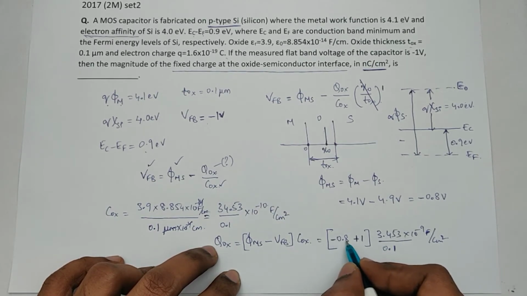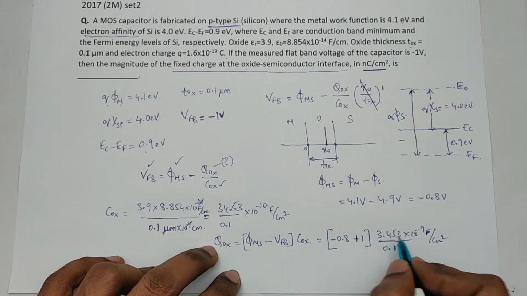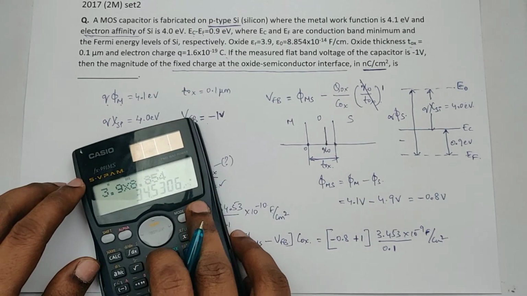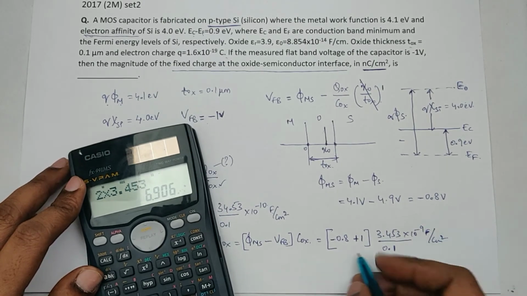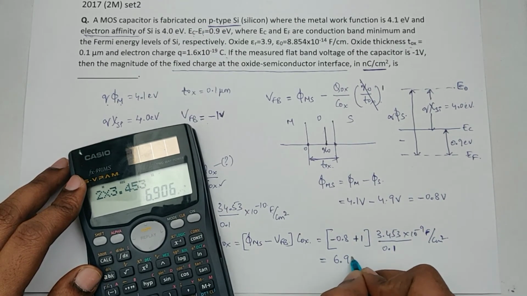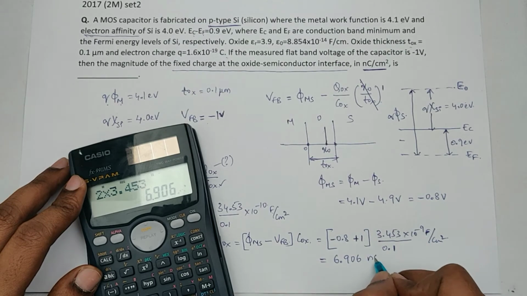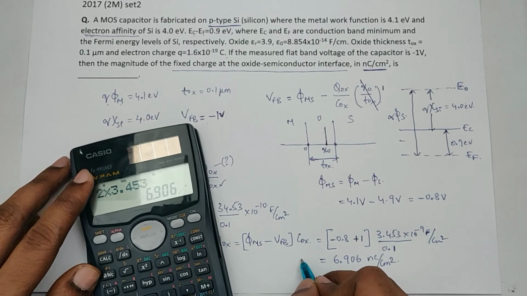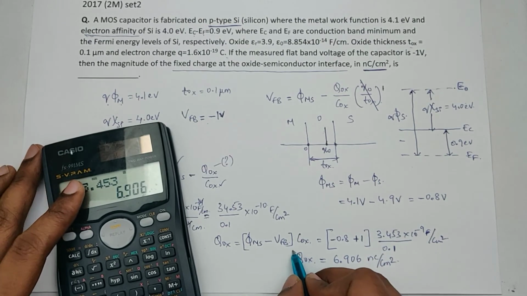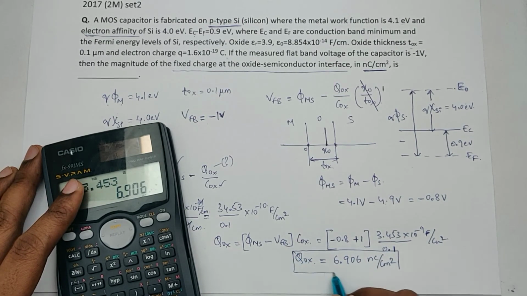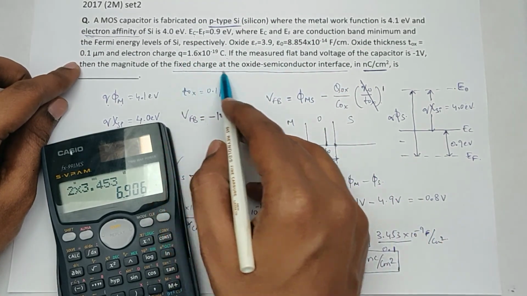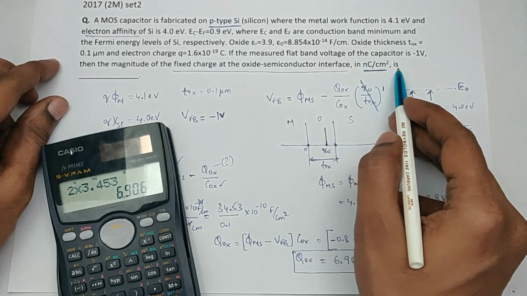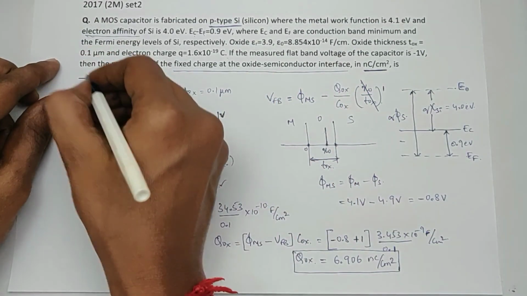So this becomes 0.2 over 0.1, which is 2 times 3.453, which is 6.906 nanocoulombs per centimeter square. This is the oxide charge fixed at the oxide-silicon interface. So the fixed charge at the oxide-semiconductor interface in nanocoulombs per centimeter square is 6.906.